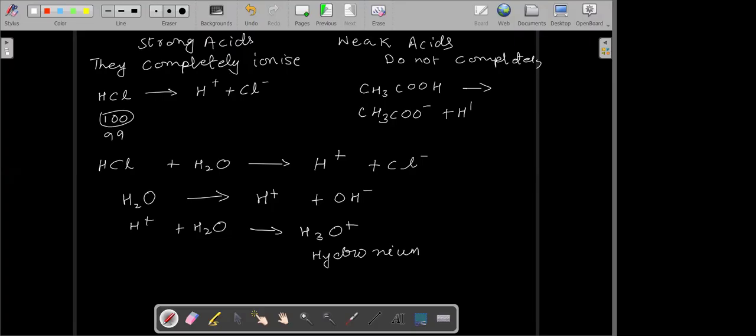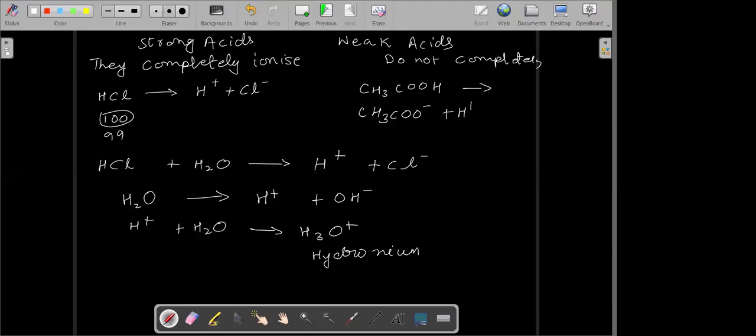Sumukh? Hydroxide ions. If the hydroxide ion concentration is higher, then it would be a base. And if the concentration of H plus ions is higher, then it would be an acid. So is HCl an acid or a base?